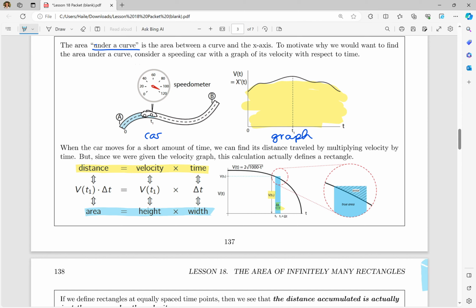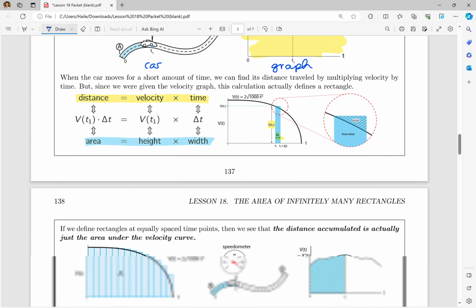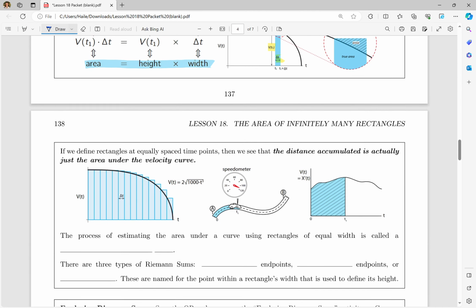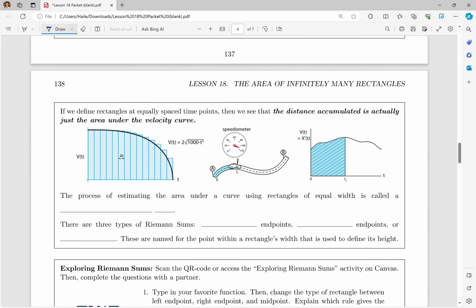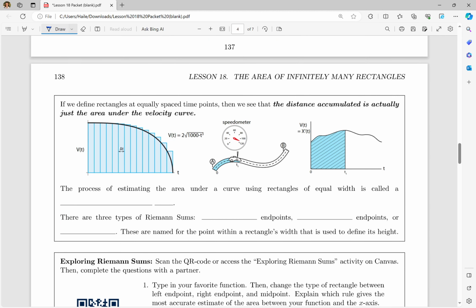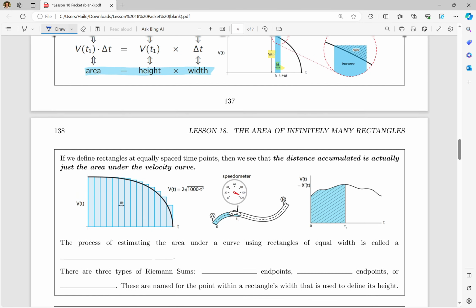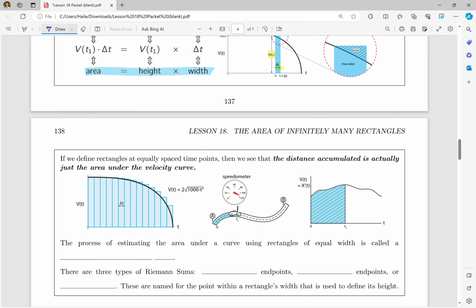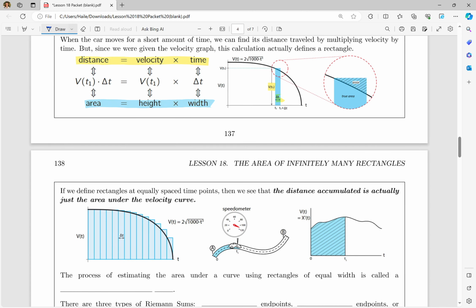If we do this for a bunch of little time intervals, then we get this area broken up into a bunch of rectangles. What that allows us to do is estimate the area under a curve. Notice we went from one rectangle to a bunch of rectangles.